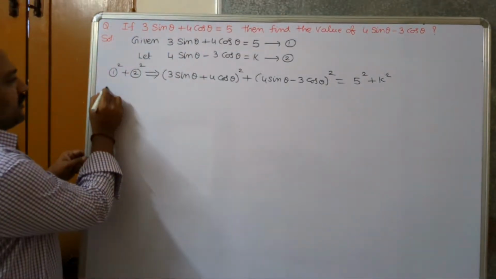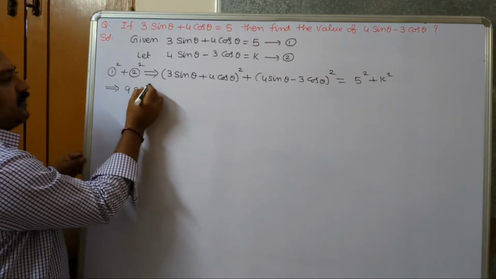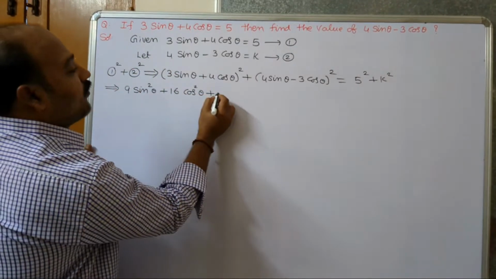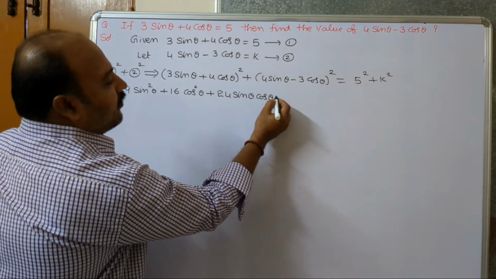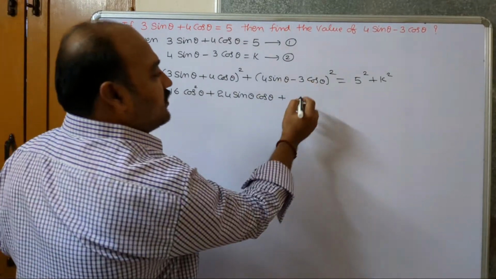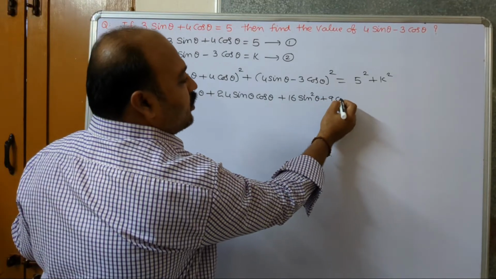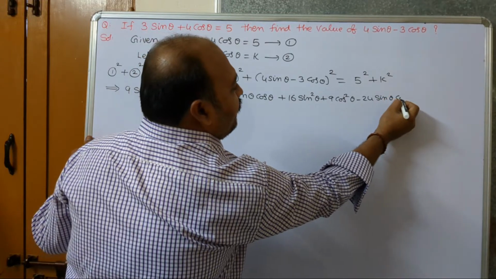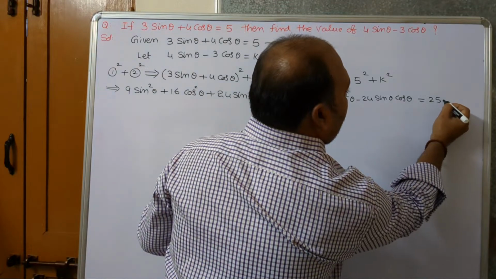Now the expansion. (a plus b) whole square expansion: 9 sin square theta plus 16 cos square theta plus 4 3s are 12, 12 2s are 24 sin theta cos theta, plus again (a minus b) whole square: 16 sin square theta plus 9 cos square theta minus 24 sin theta cos theta is equal to 25 plus k square.